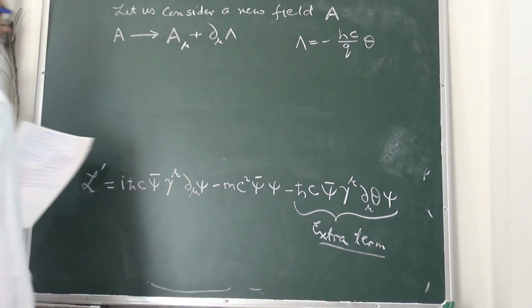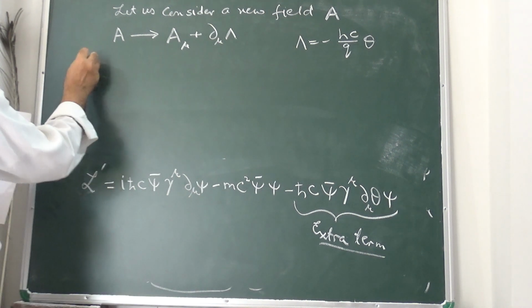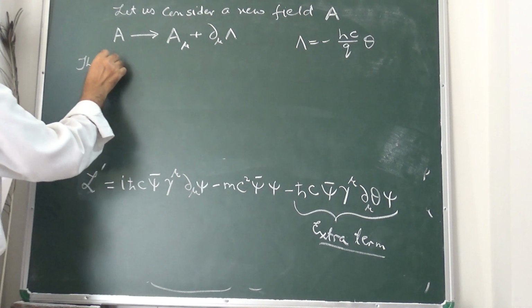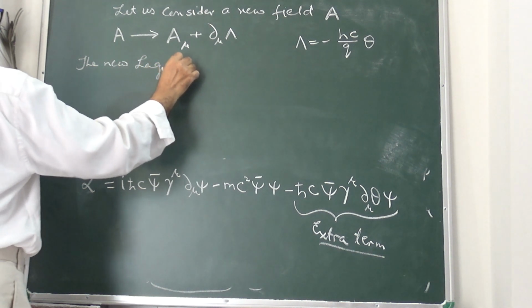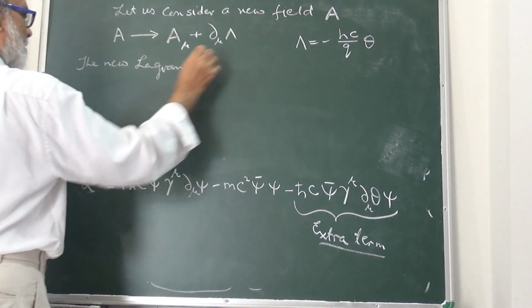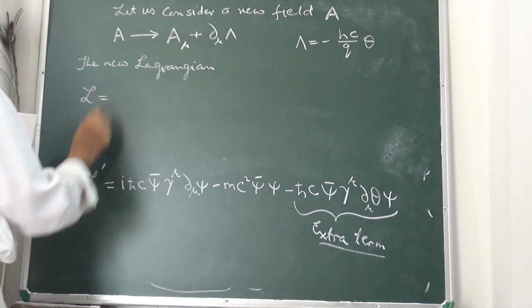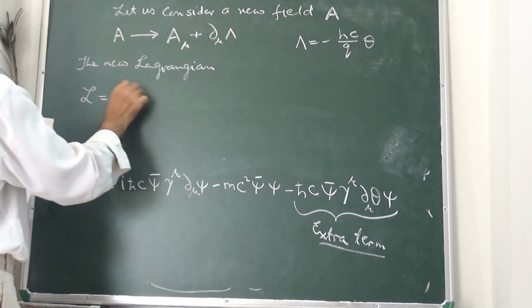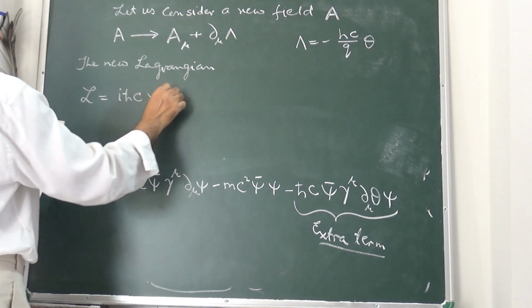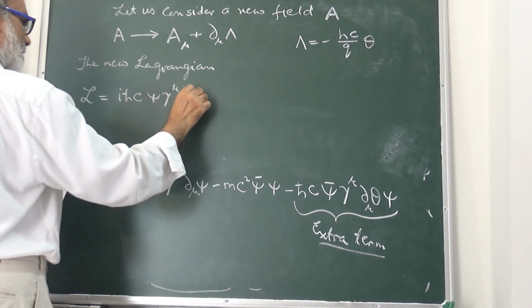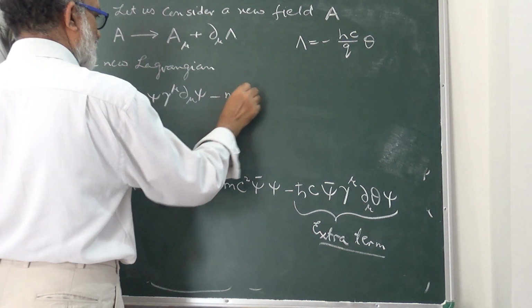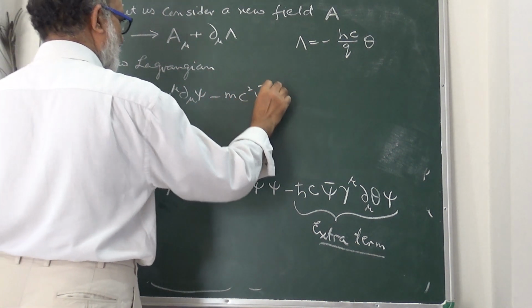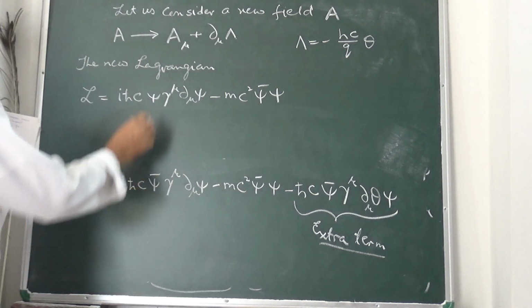So the new Lagrangian will be i h cross c, this is our old Lagrangian.